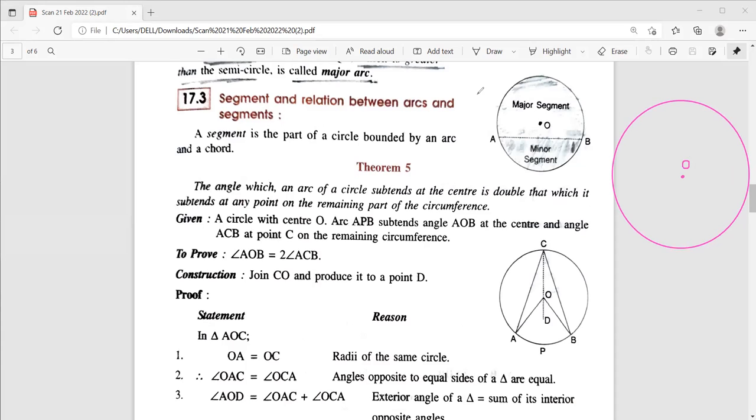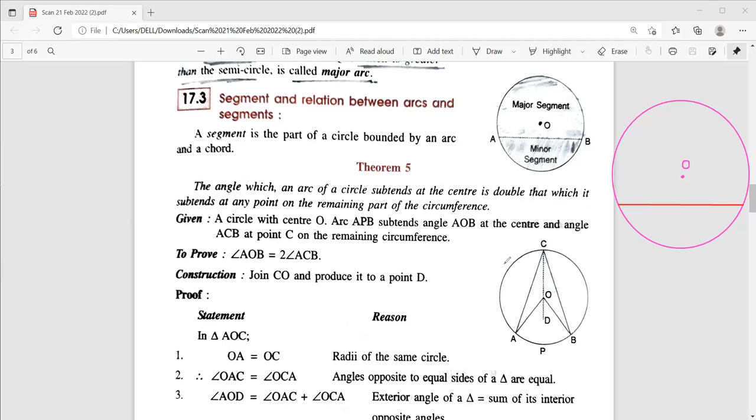Now I draw a chord. Okay. Remember, students, when we spoke about arc, what did we say? We say that an arc of a circle is the part of the circumference of the circle.